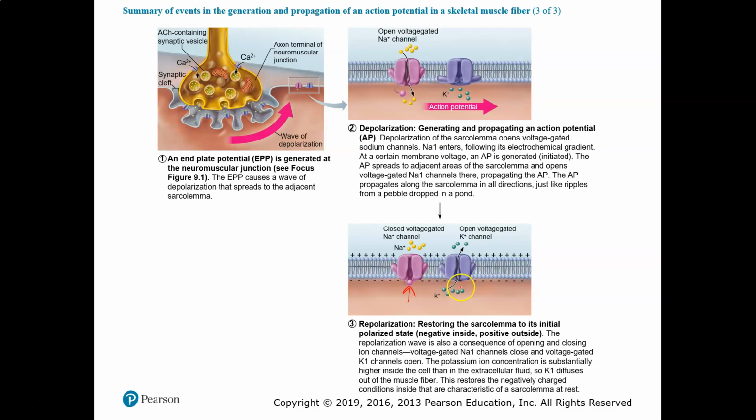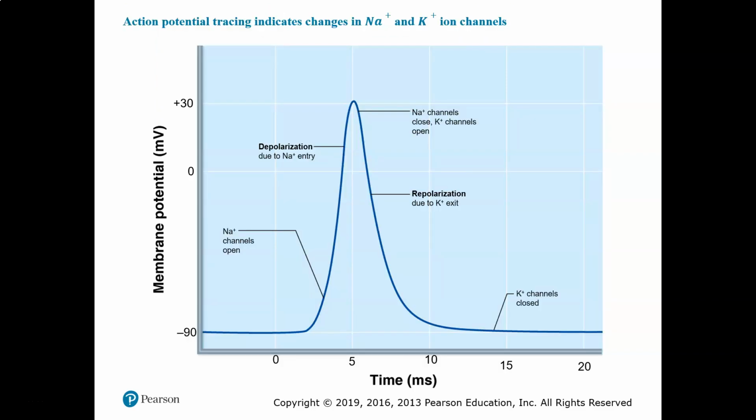And now the potassium, which is high inside the cell due to the sodium potassium pump, is going to diffuse out of the cell when those potassium channels open. So if positive charges are moving out, then the membrane potential is becoming more negative again, okay? When you're losing positive charges, then you're becoming more negative.